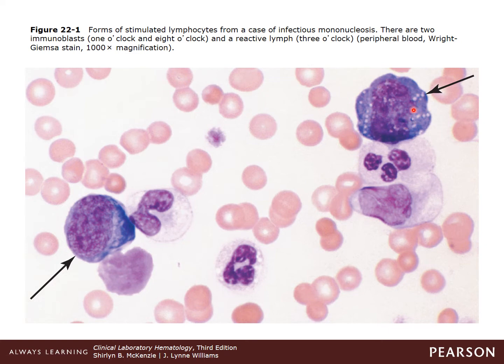The nucleus is still very large, and the cells are large themselves. Then at 3 o'clock here, you have a reactive lymph. You would see this better if it wasn't squished on top of two cells, but you see some basophilia around the edges, and it has a stretched nucleus.